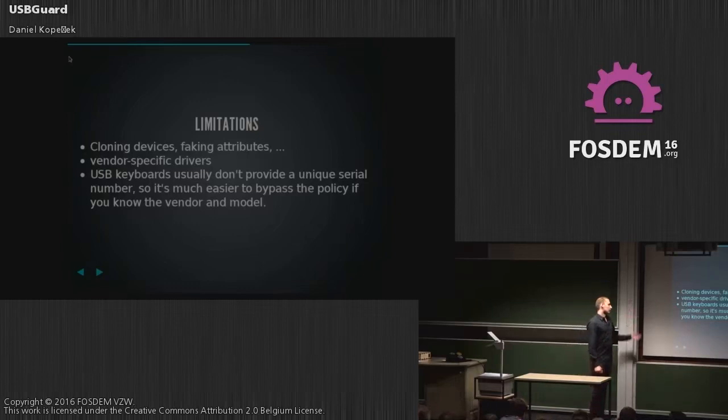So if you have a bunch of these devices, it's not a good idea to use them in your policies and allow them, because somebody can exploit the fact that it allows this vendor specific thing, and create a clone device and attack your system using something else. USB keyboards are especially problematic because, as I said, they don't export serial numbers, so you cannot distinguish them from each other.